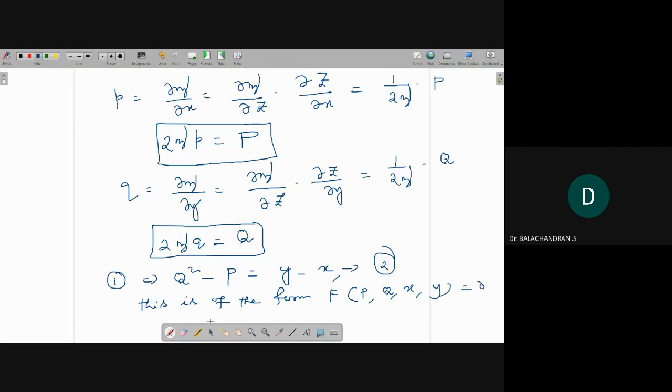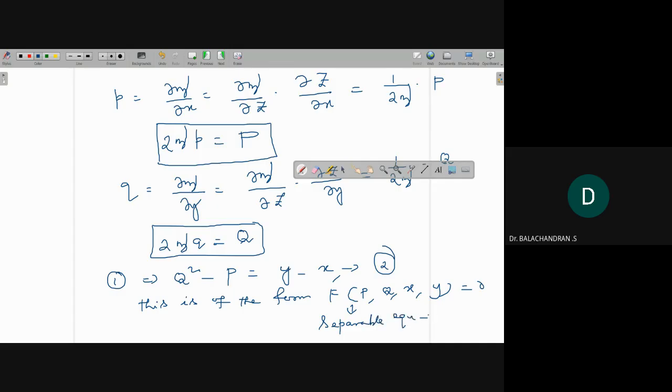That is a separable equation, type number 4. So for type 4, you know how to proceed. Already I told you.